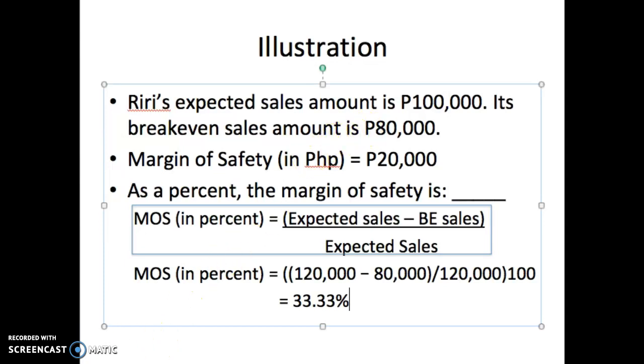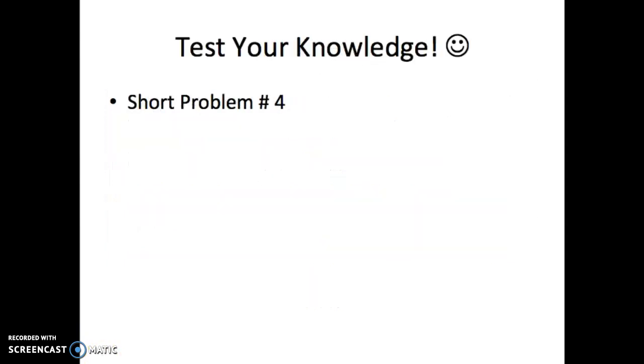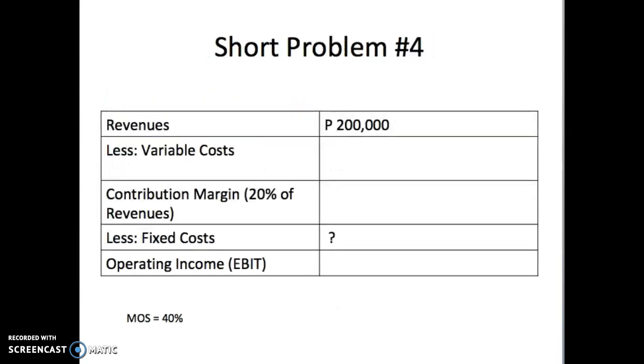That's why we are not at the break-even point at this level. Now we can proceed with short problem number 4 on page 140. I'm going to walk you through short problem number 4. I will get you started on how to solve it, but it is up to you to get the fixed costs. You can use the formula here.